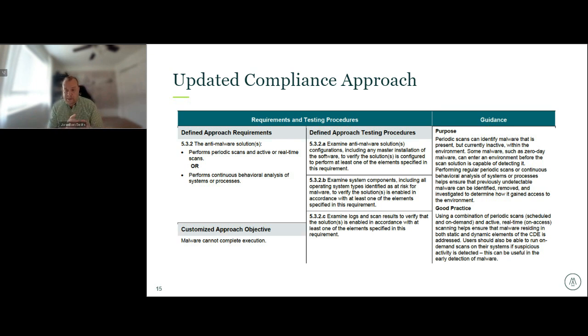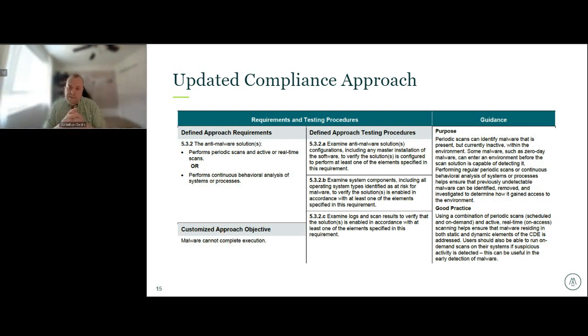But the PCI Council's had some lessons learned. And this is illustrative of lessons learned that, hey, the PCI standard has been modified to where we can have continual behavior analysis. Well, the reality is there could be something else out there that organizations can do to meet the spirit or intent of the PCI requirement. There could be new technology introduced next year that may be awesome and great that organizations want to do.